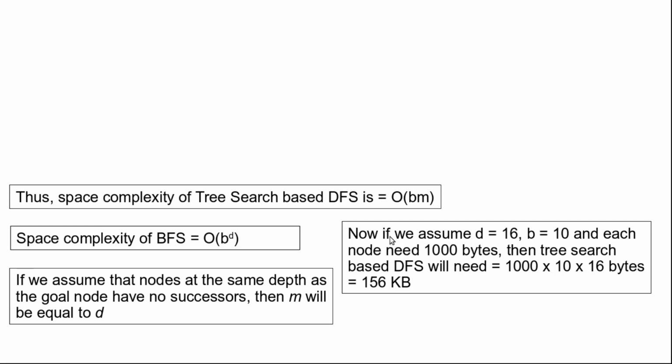Since in the worst case approximately b into m nodes would be in the fringe list, for tree search based DFS we have 10 into 16 nodes, and since each node requires 1000 bytes, the total memory required will be 10 into 16 into 1000, which is approximately 156 kilobytes.